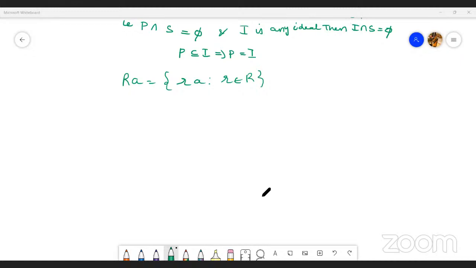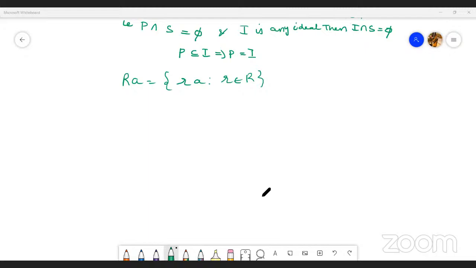Let P and Q be distinct prime ideals of a ring R and P is a subset of Q. Whenever in the statement you see prime ideal, it means AB belongs to P implies either A belongs to P or B belongs to P. XY belongs to Q means either X belongs to Q or Y belongs to Q.